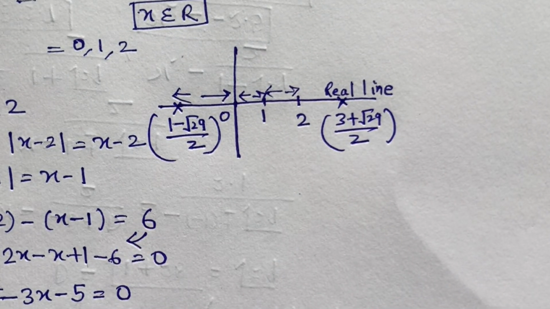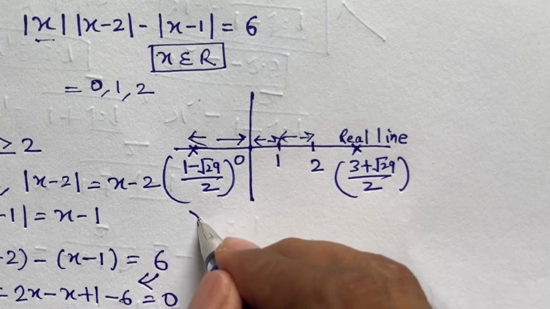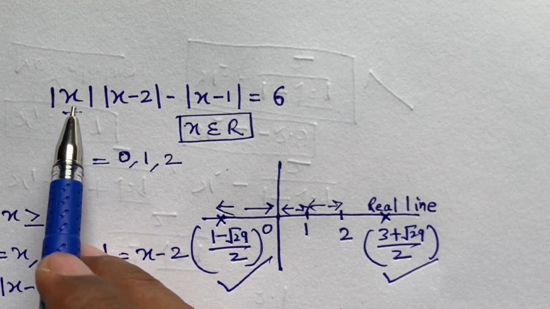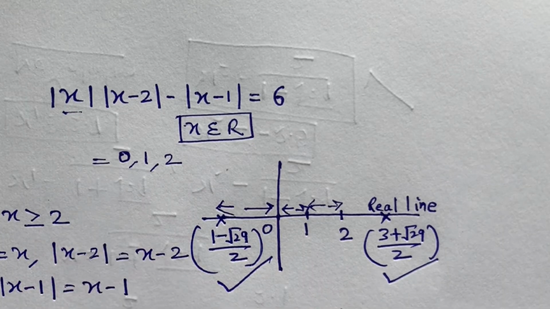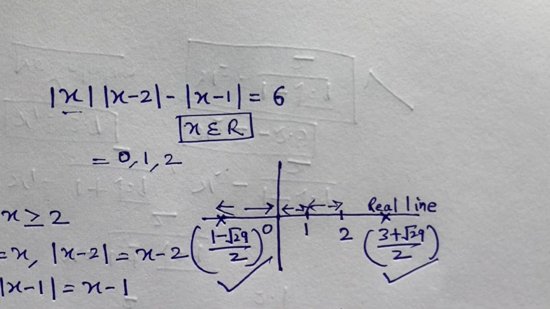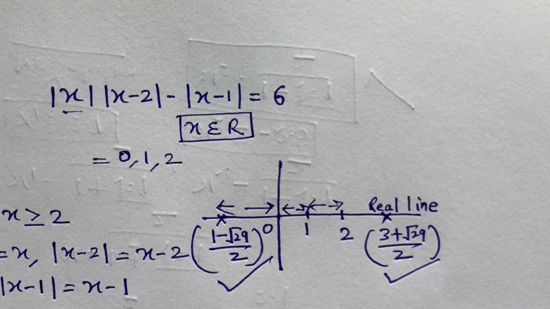So these two solutions we have found for our equation: mod of x times mod of x minus 2 minus mod of x minus 1 equals 6, where x is a real number. Thanks for watching.